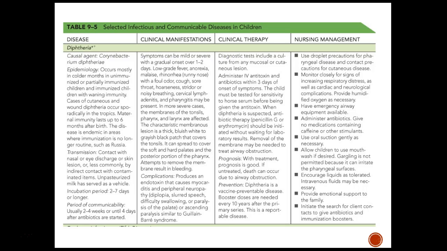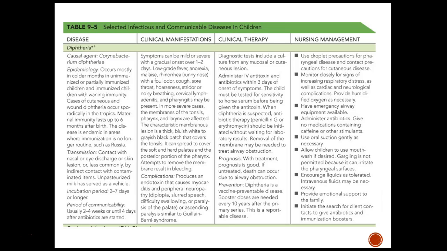And what we see is a thick, bluish, white to grayish black patch or patches that cover the tonsils. And those can spread to the soft and hard palates and the pharynx. So that's kind of a telltale sign for diphtheria, is that bluish white, grayish black patch that covers the tonsils or other parts of the mouth.